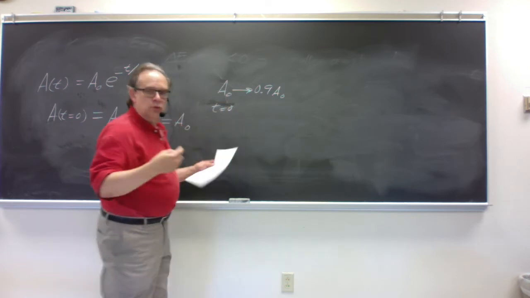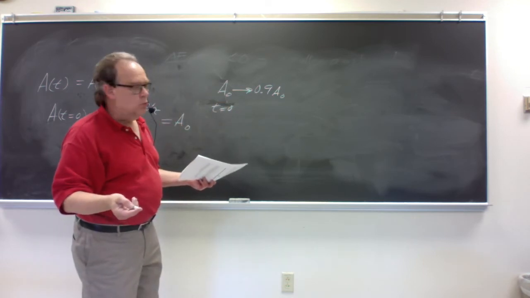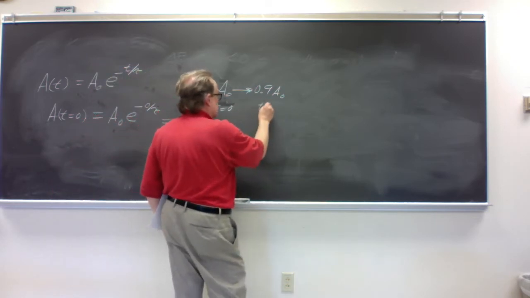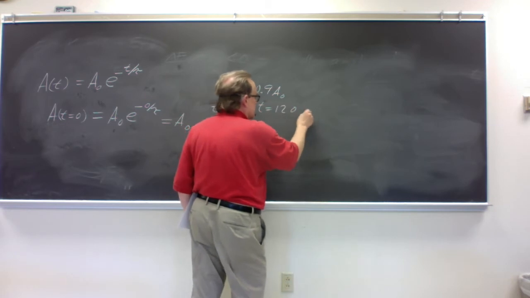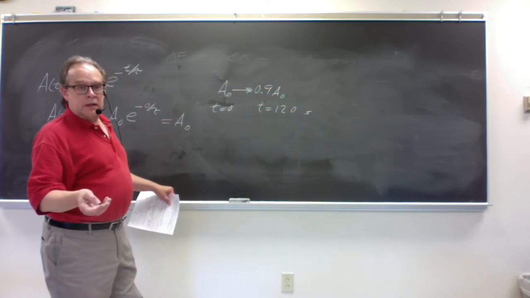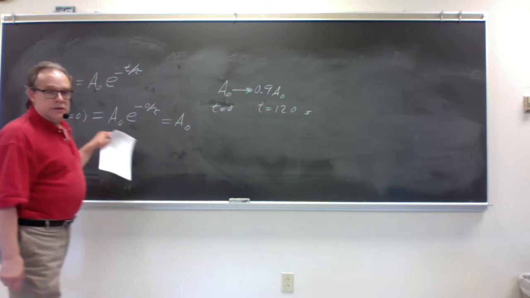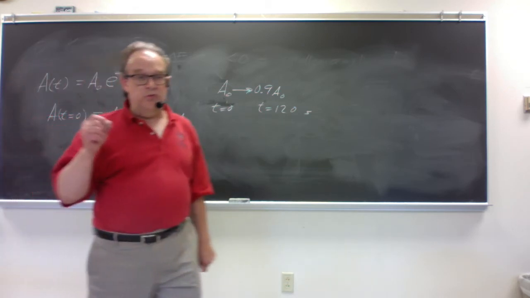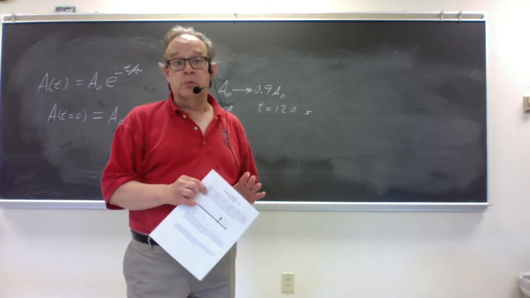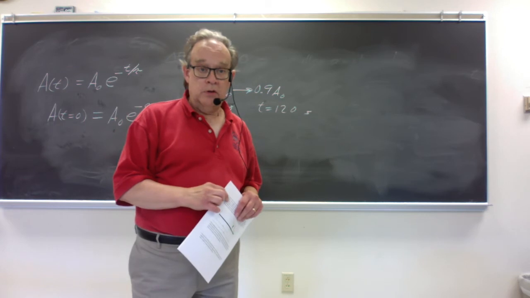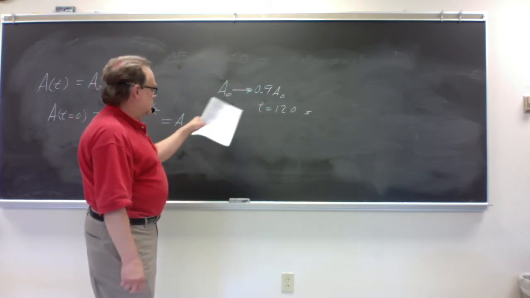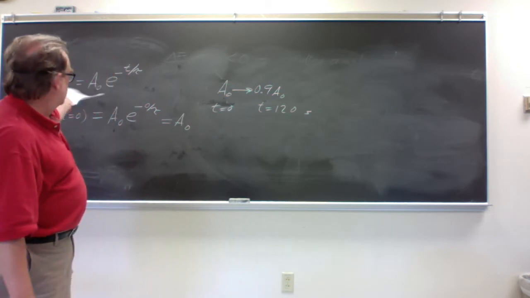This was the amplitude right at time 0 when the oscillations start, and this is the amplitude 2 minutes later, or 120 seconds later. And that's information that we could put into this equation, and that will allow us to figure out exactly what the tau factor is for this particular kind of damping.